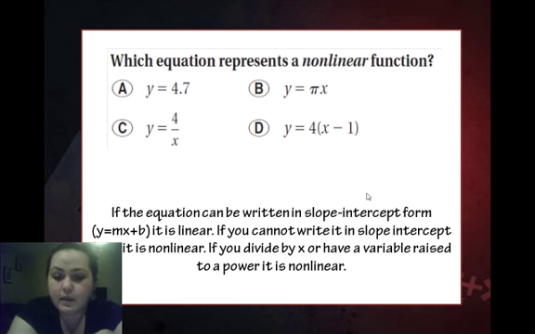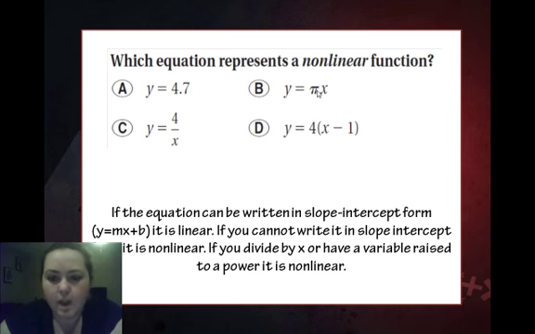Some giveaways. If you notice that you're dividing by a variable, x, or some other letter, then it's going to be nonlinear. Or if you notice that you have a variable that's raised to a power, it's going to be nonlinear. So, in this example, y equals 4.7, well, you could have 0x, which would cancel out the x, plus 4.7, so that could be written in slope-intercept form if m was 0.